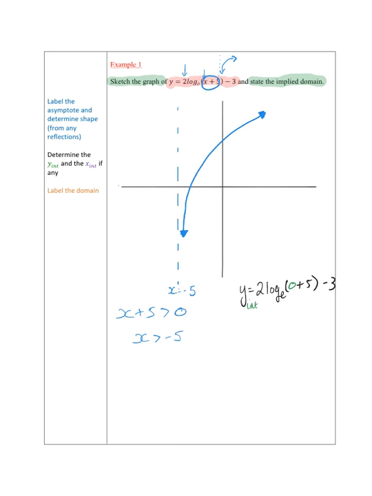At first this might seem somewhat difficult, until we remember that log e 5 is just a number. And so this is all we have to do. The intercept is literally (0, 2 log e 5 minus 3). So we can label that now.